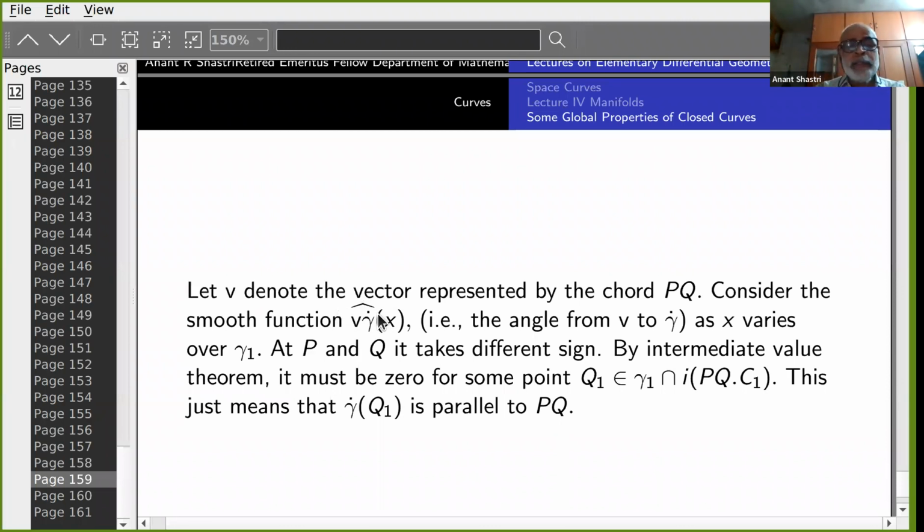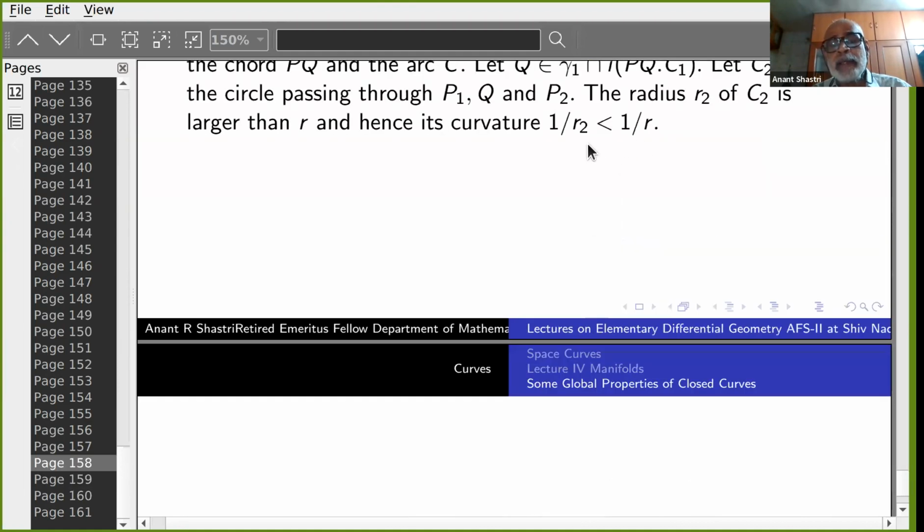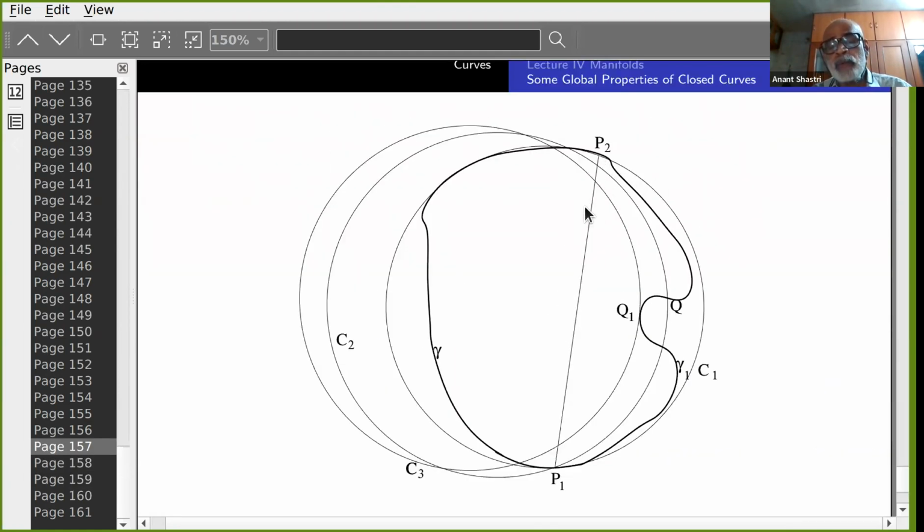This is the angle measured from V to the tangent vector gamma dot as X varies over gamma 1. At P and Q, it takes different signs. That is obvious here. The angle measured from here to there, if this is positive, here it will be negative. So at some point, it must be 0.